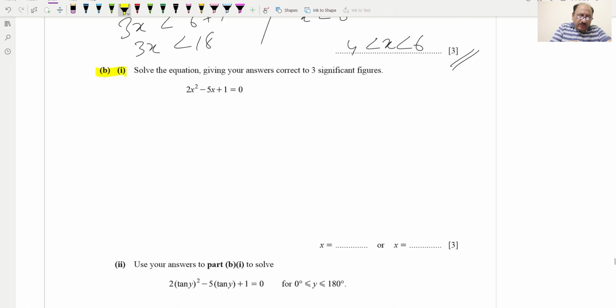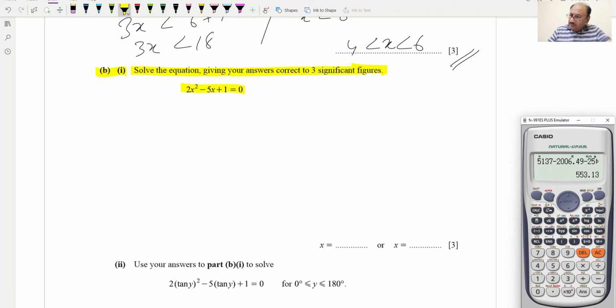Now B part 1, solve the equation giving your answer correct to 3 significant figures, and this is a quadratic equation which they have provided. If we check with the calculator, mode 5 3, coefficient of x squared is 2, coefficient of x is minus 5, and constant is 1, we will get the decimal values.